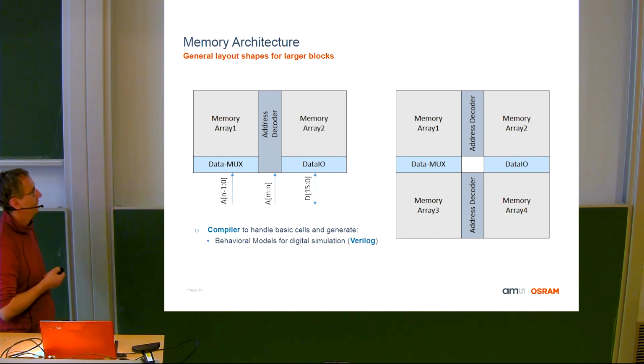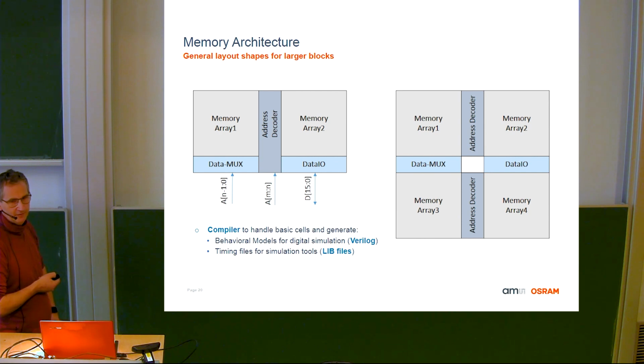And for that, you also have to prepare models. You have to prepare Verilog models. You have to prepare lib files, because typically in a digital world, you don't care about where your flip-flop or your NAND or NOR gate is. This is a tool doing it for you. So you have to create also a building block that the tool is able to handle and place wherever it's optimum, next to the input stage, to get short lengths for the data. If you have a 32-bit bus, this is crucial.